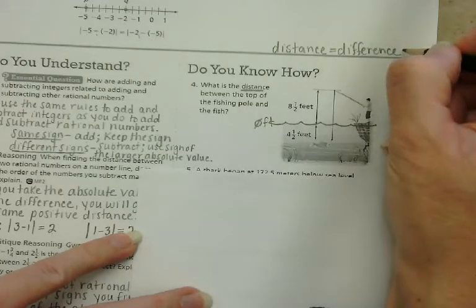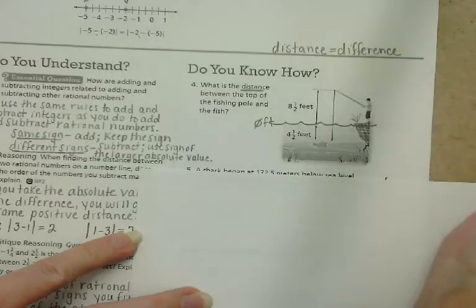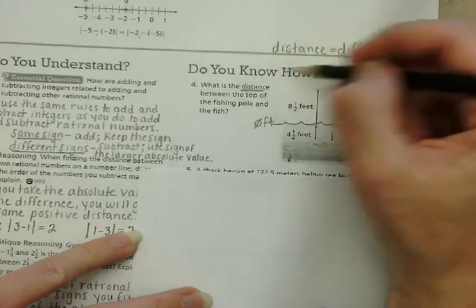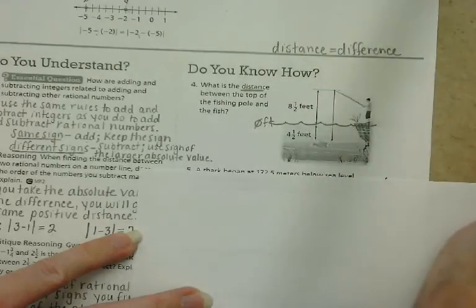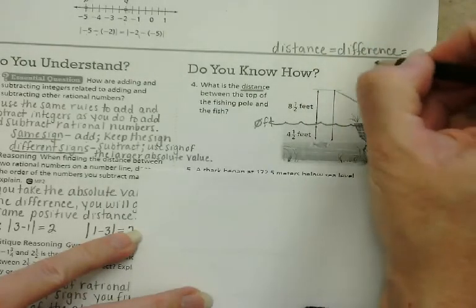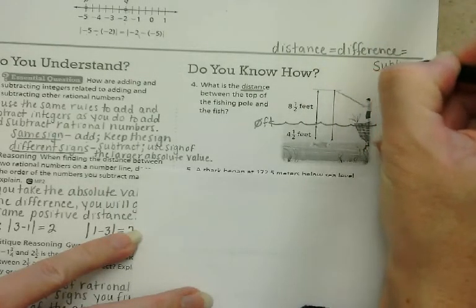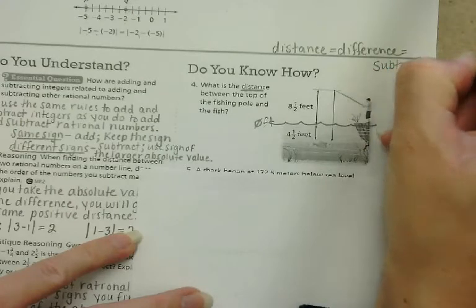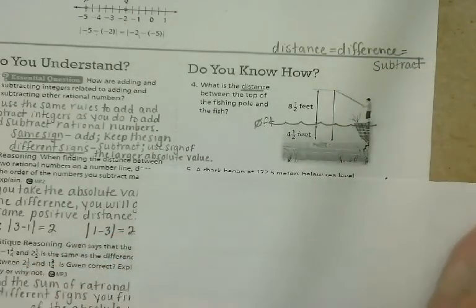And whenever you're finding difference, you are subtracting. So when you have a distance question, you are also subtracting. So these 3 words are all equal, telling you what you need to do.